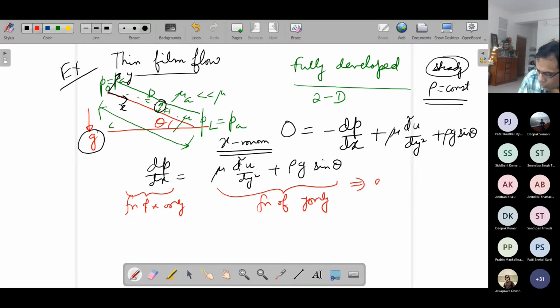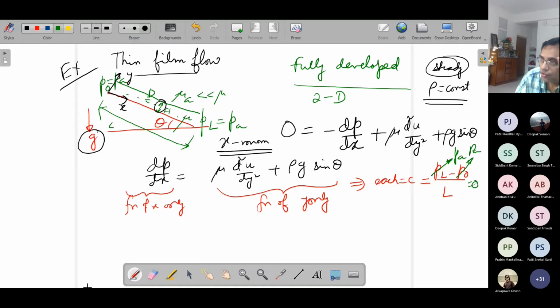So this means H is equal to a constant, say (PL minus P0) by L. Both are atmospheric pressure, as I have mentioned in the problem definition. So this is PA minus PA, that is 0. So you have dP/dx equal to 0.